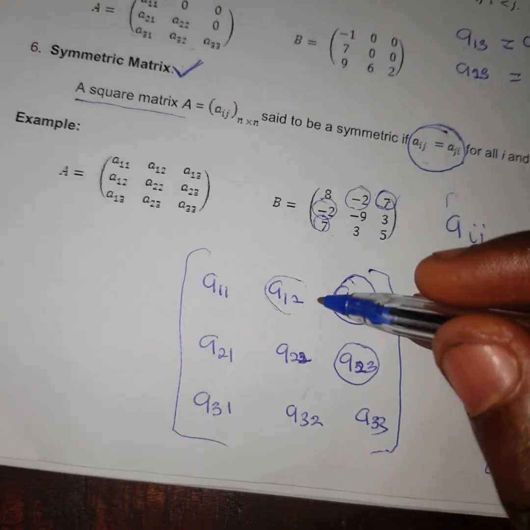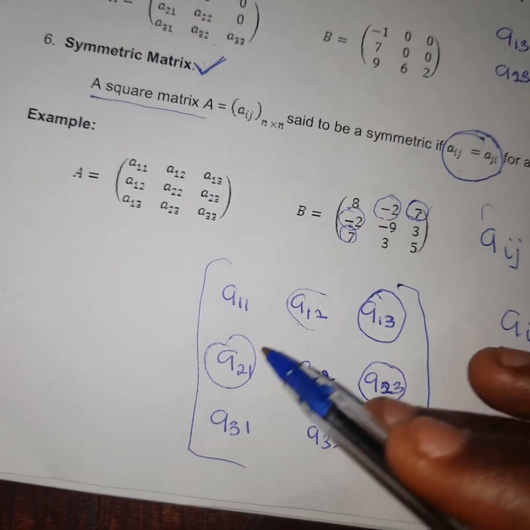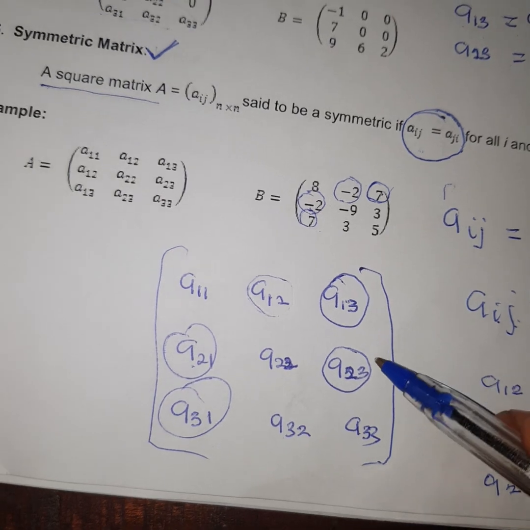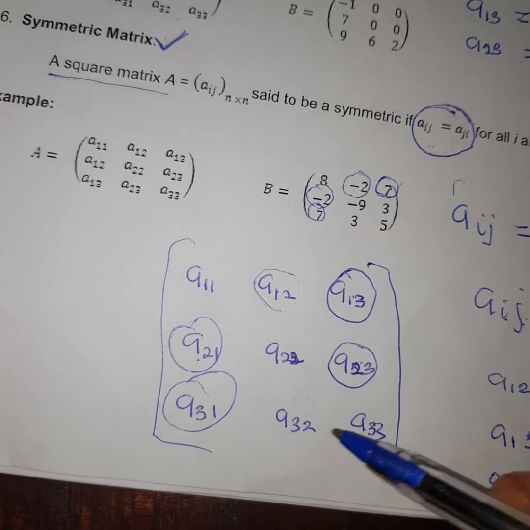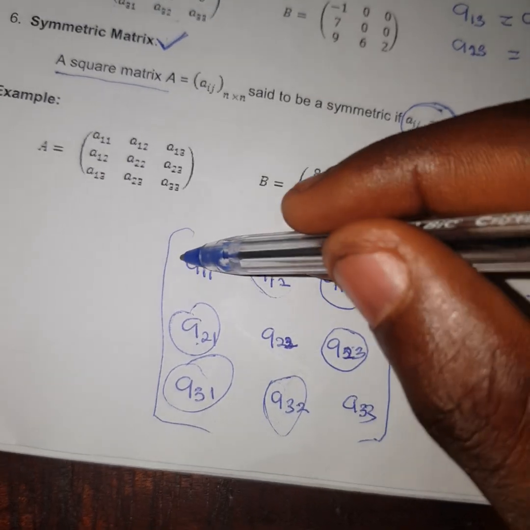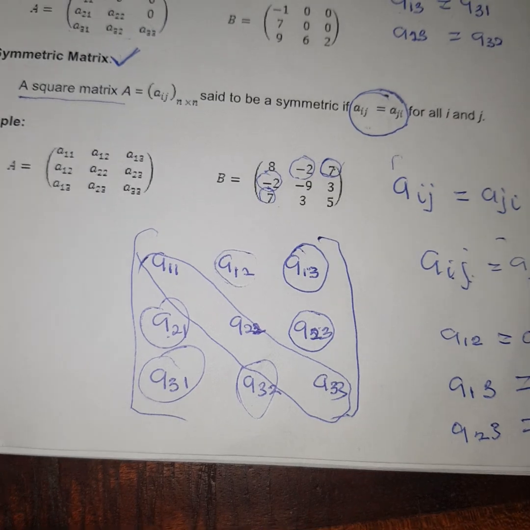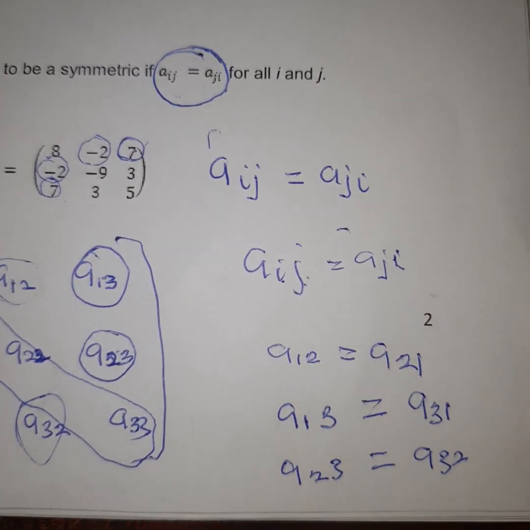So this will be equal to this, this will be equal to this, and the last one, this will be equal to this. You understand? So this is what symmetric means.